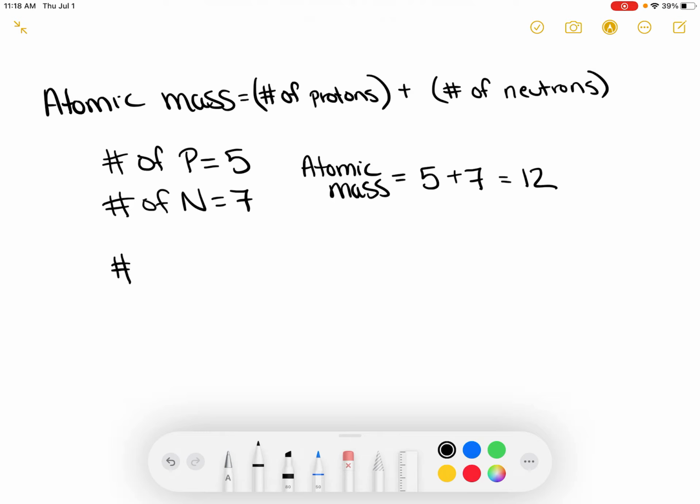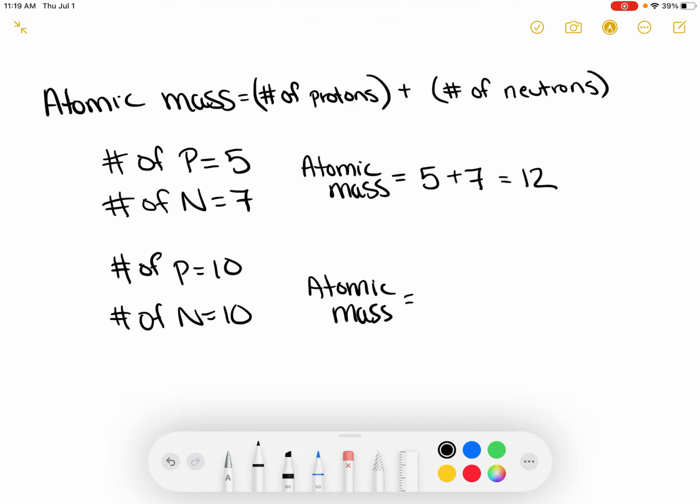Now if you had the number of protons to be 10 and the number of neutrons to also be 10, you would do the same thing. You would plug those into the equation above and you'd get atomic mass equal to 10 plus 10, and you'd get 20. So that's a pretty easy way to see how this equation works.